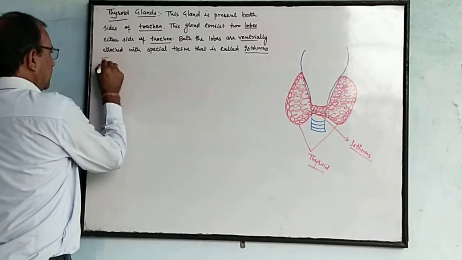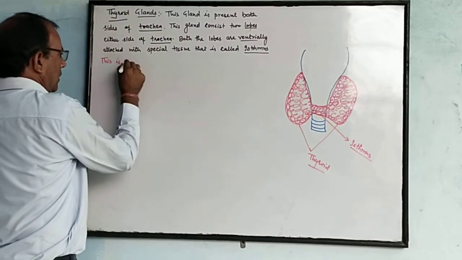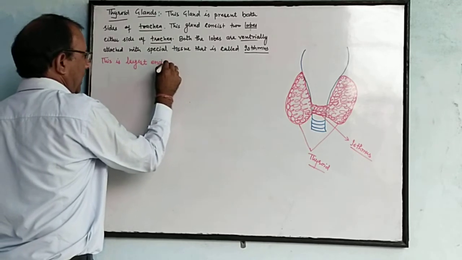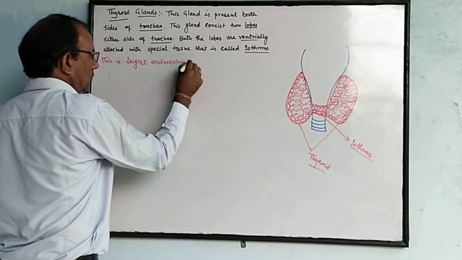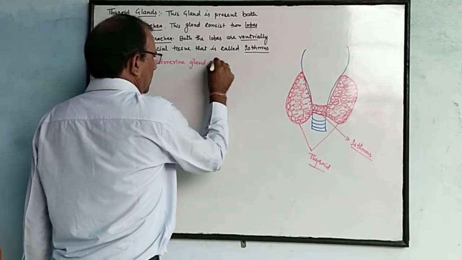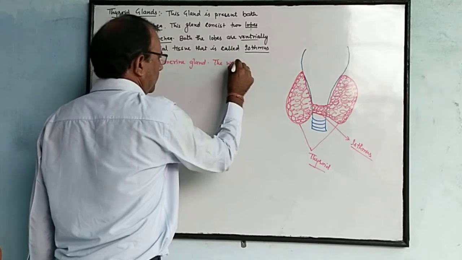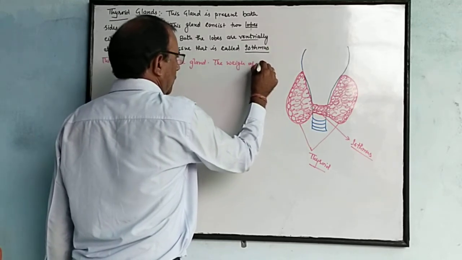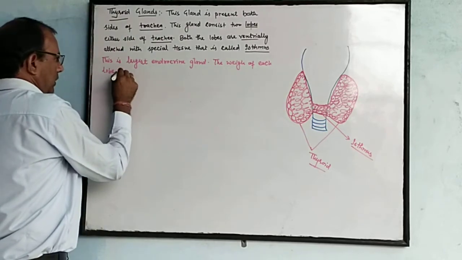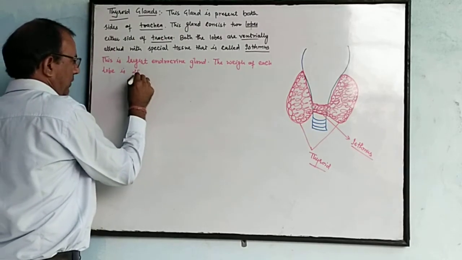This is the largest endocrine gland. The weight of each lobe is 25 grams.